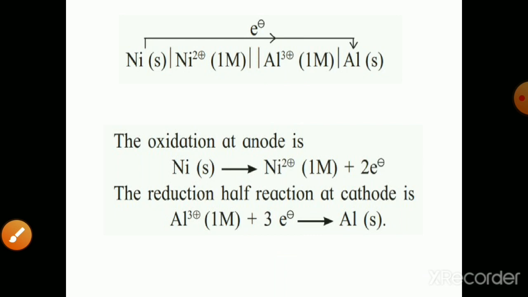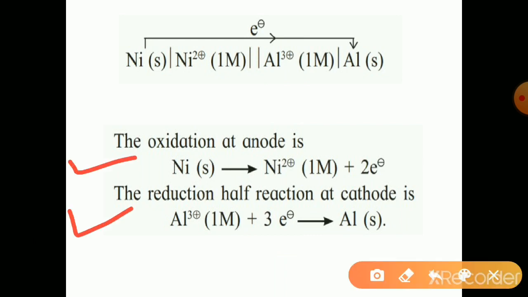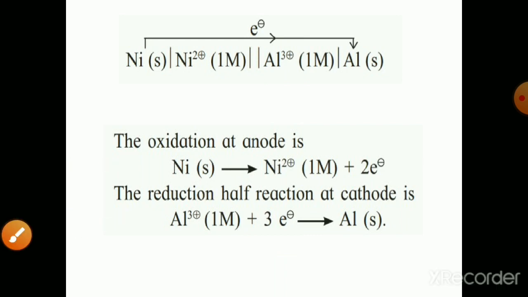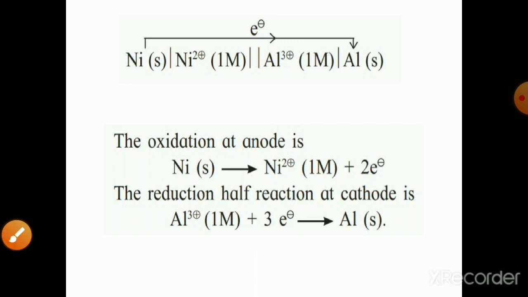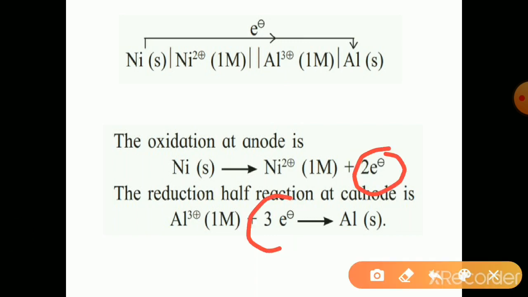So while adding these two half reactions, you need to make the electrons equal.